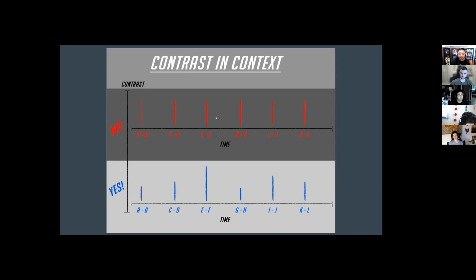E to F, G to H, so on and so forth. But you can see that between all of these poses, you're pretty much getting the same amount of contrast, right? That is not what we want. We want to save the biggest amount of contrast for the moment that we choose, the accent that we build up to in our shot and build down from in our animation, whatever it is that we're animating.